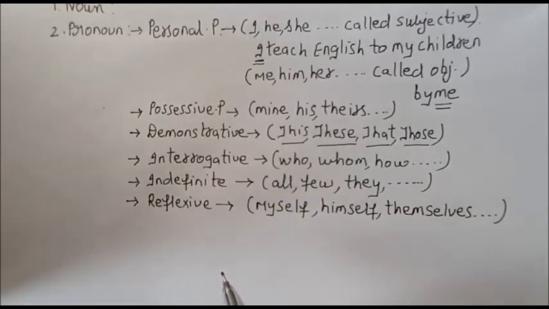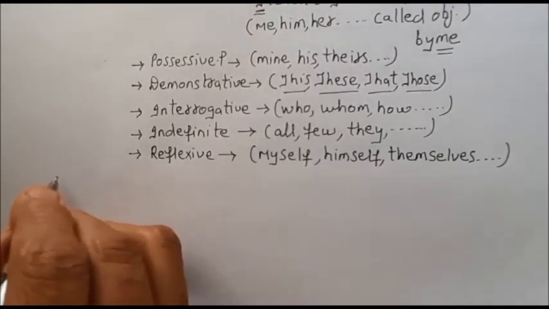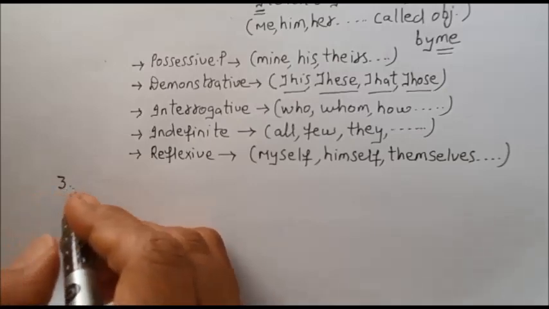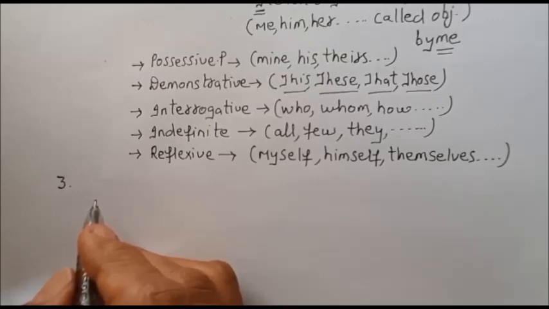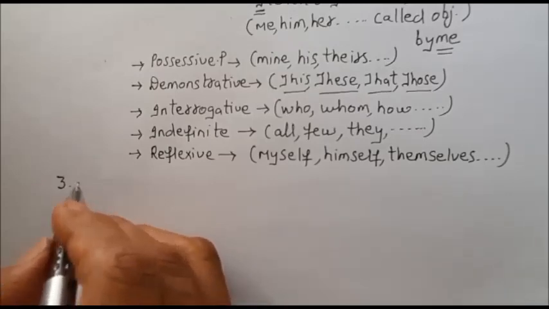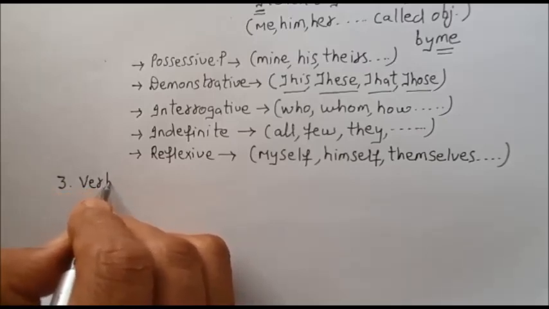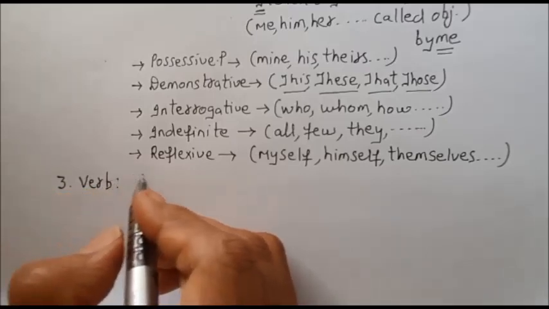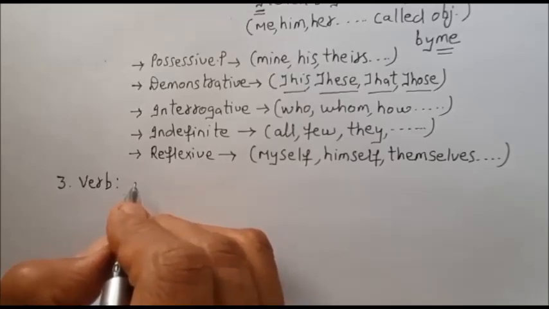And the next is, let's move towards verb, which also we had done earlier, but it's once again a short revision, I would say, and even some extra information provided over here. Now verb, that is the action word, or it could be a helping verb.